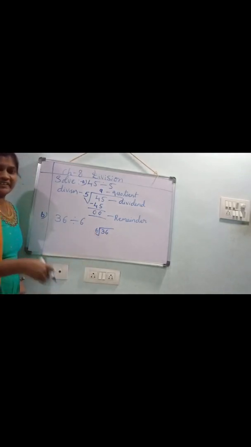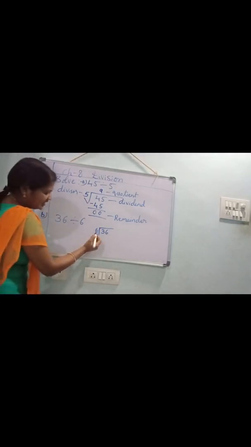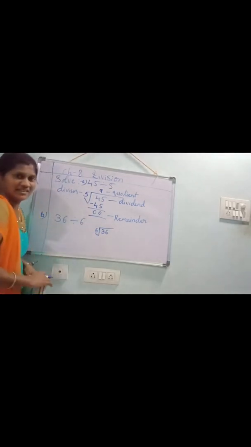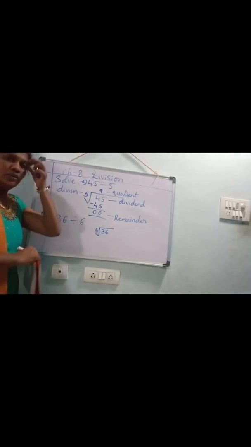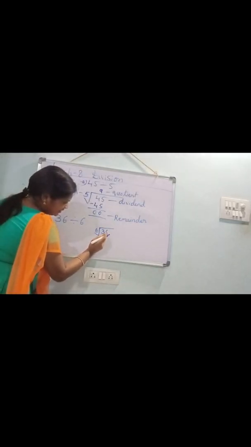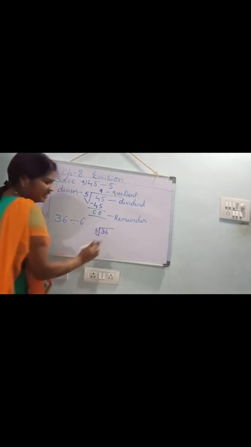We should say the tables again. First check the ones place. Here 3 is here, here 6 is here. Will it divide? No. Again, what do you have to do? You should check these two numbers. 36. Will 36 divide or not?